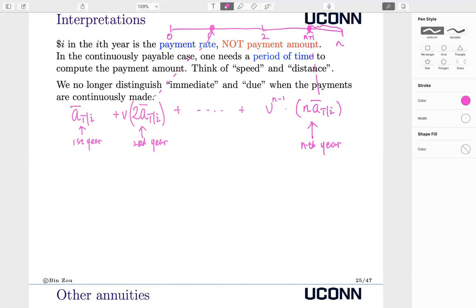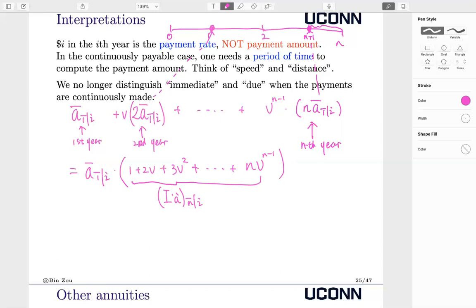So from here, I can easily factor out this 1 year present value, and then what's left inside will be 1 plus 2v, then 3v squared, all the way to nv, right? So the inside part should look familiar to you because that is the increasing annuity due for n years. The first payment is at time 0, so it's $1.